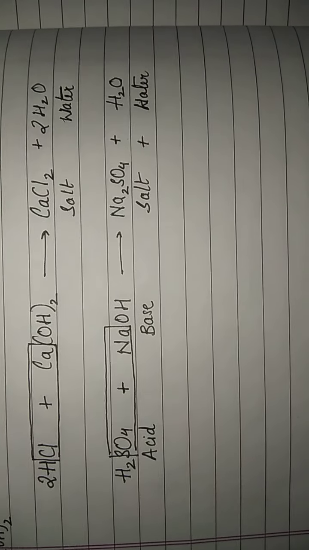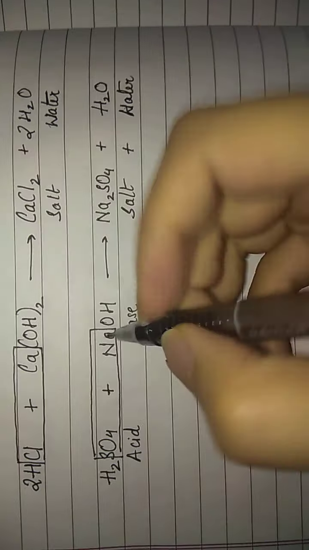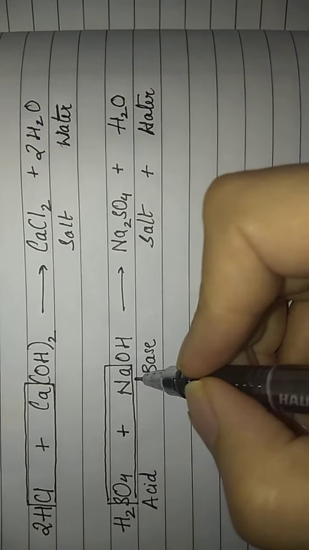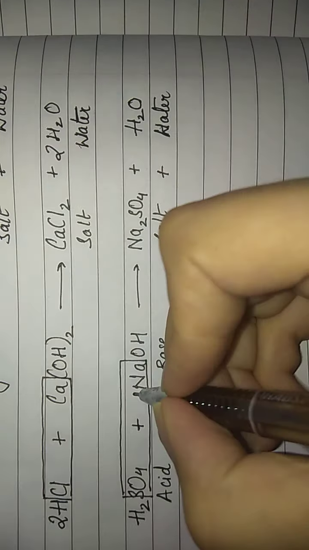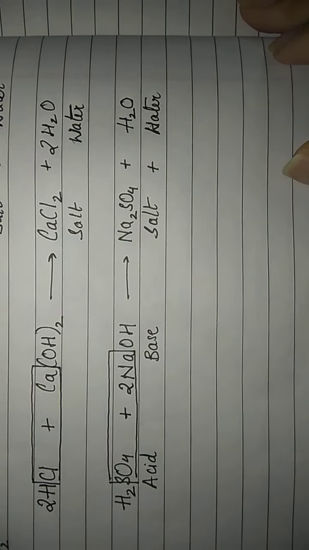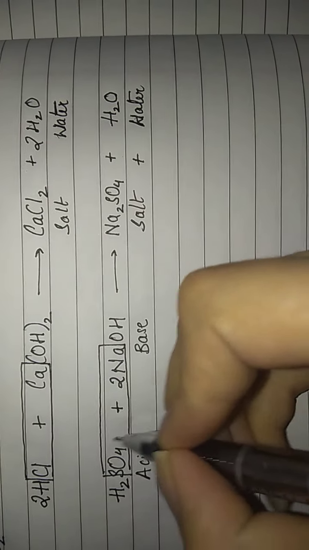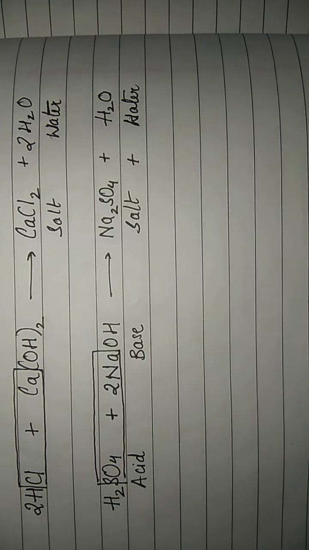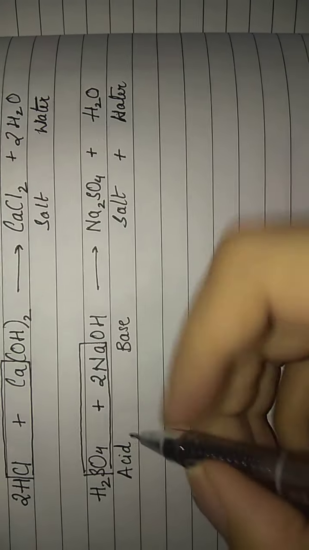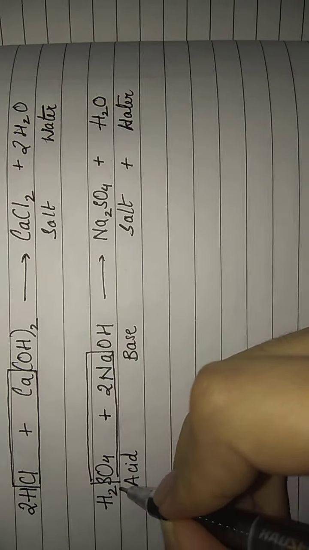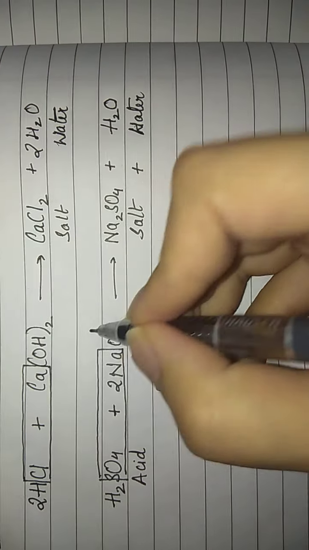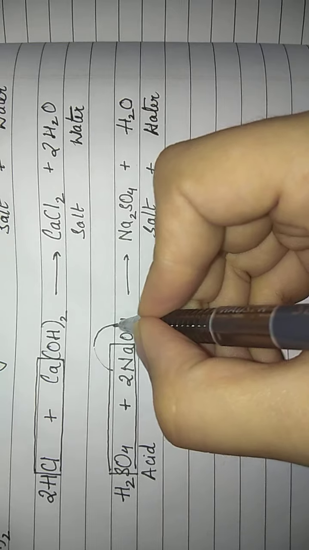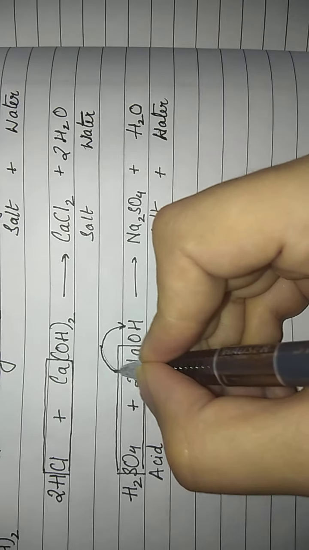So now let us see how we can balance the reaction. I have one sodium on the left while I have two sodiums on the right. So let me make it as 2. I have one whole sulfate on the left and one whole sulfate on the right. So this is balanced. Let us check for hydrogens. On the left hand side, 2 hydrogens here and 2 hydrogens here, because this 2 will be multiplied with this hydrogen also.